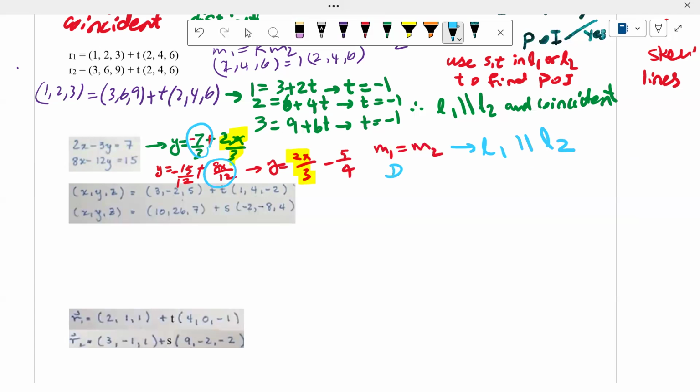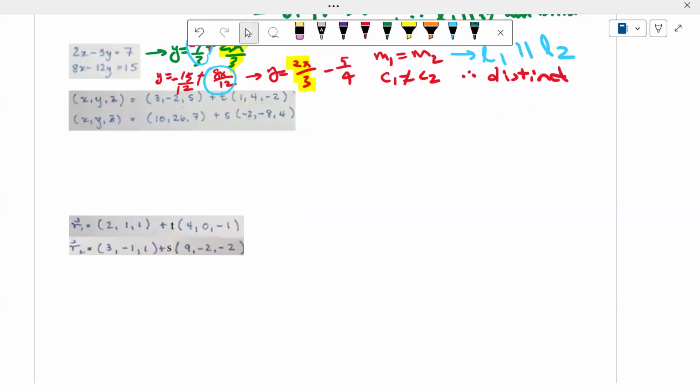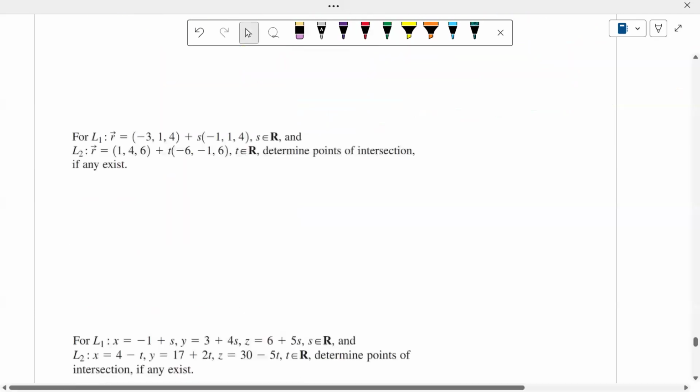In other words, not D, but C, if you wish. C1 is not equal to C2, therefore, they're distinct. In other words, there's no point of intersection between those two equations or lines. So they give you something like this, and they say something like determine the point of intersection if it exists.